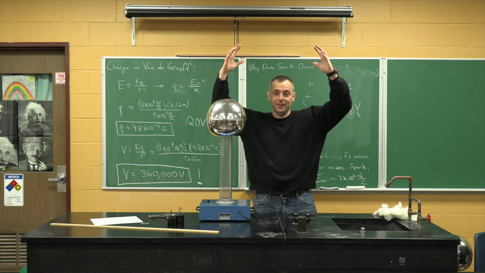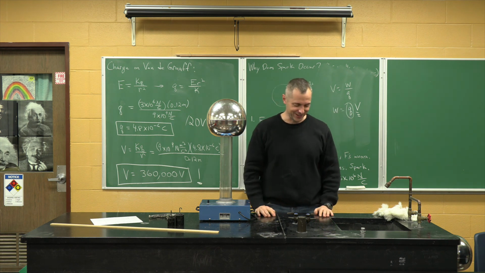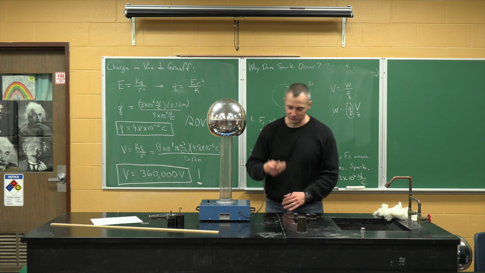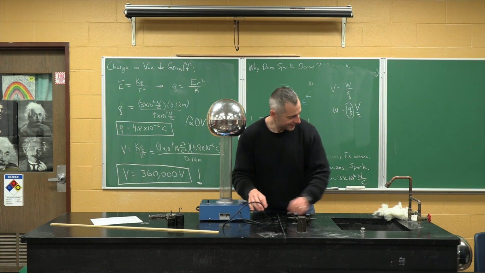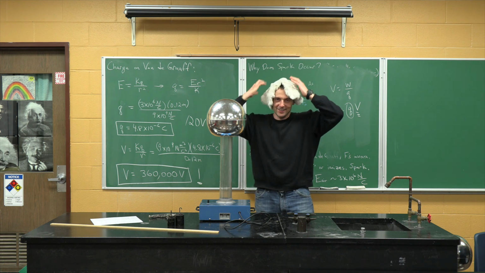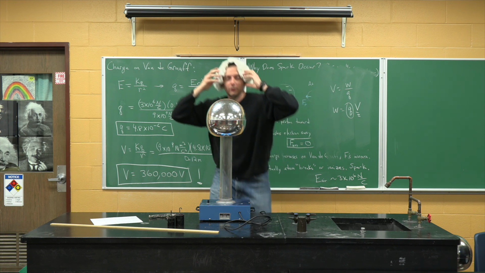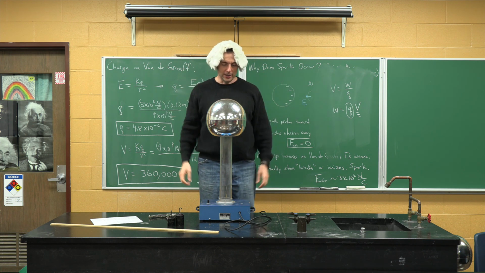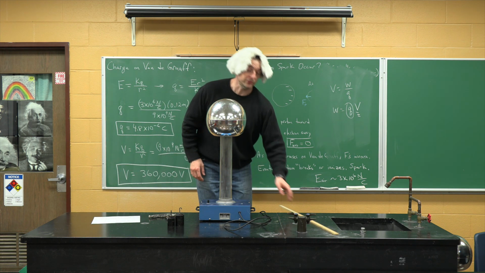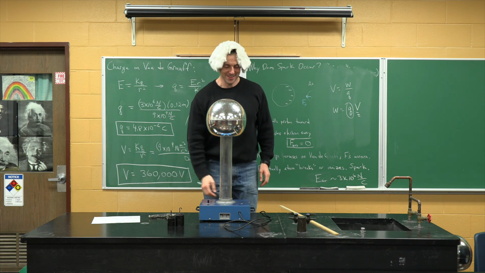Unfortunately, I forgot and I got a haircut, so it's not going to work for me to charge myself up to this 360,000 volts, but I'll borrow a little hair here. Rabbit fur, okay? This is what we used in our electrostatics experiments, rubbing the rubber rod to charge up plastic rods, and this will now serve as my hair to stand on end.